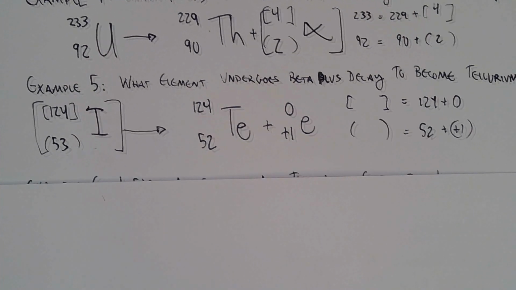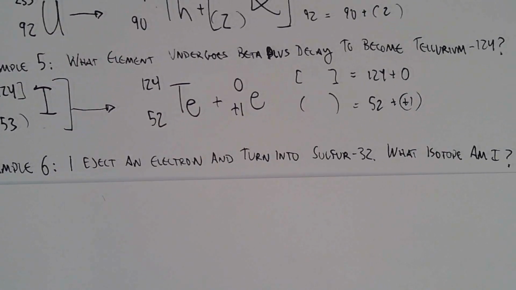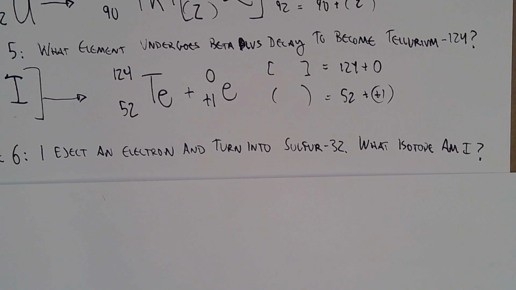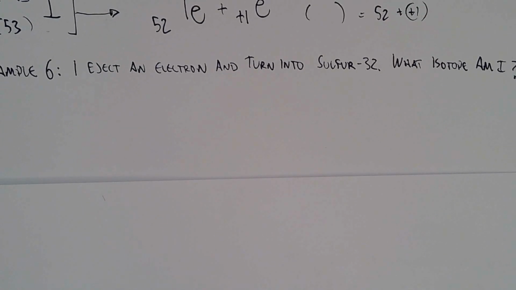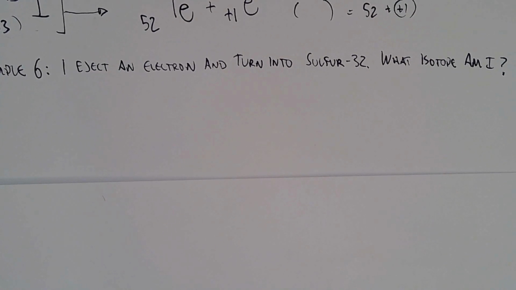Okay, last one's written in the form of a riddle. All right, so the question is, I eject an electron and I turn into sulfur-32. What isotope am I? So as far as riddles go, I don't think you'll see that in The Hobbit or something like that, but whatever.